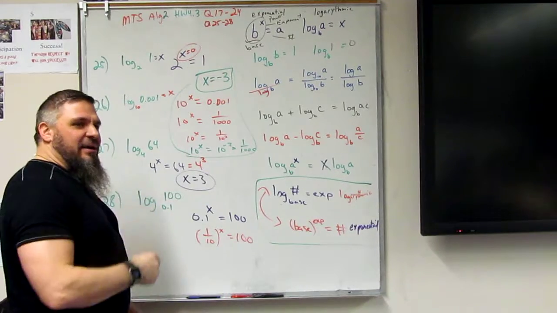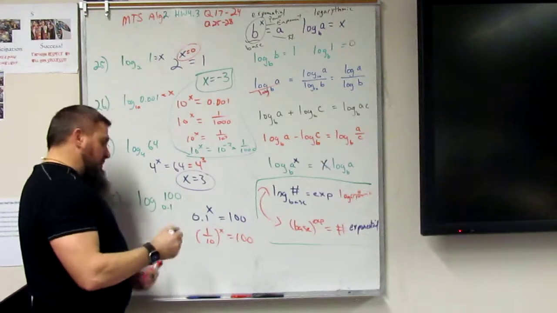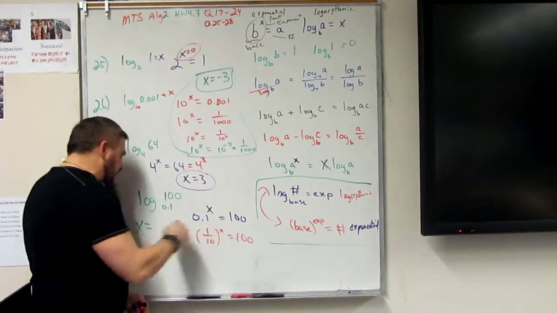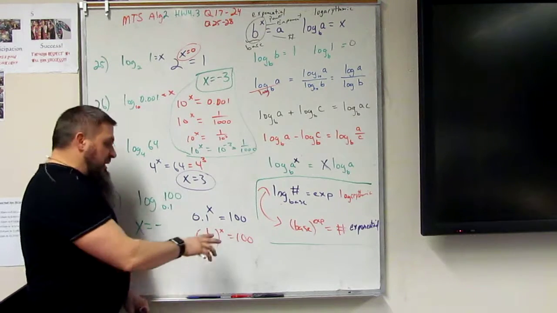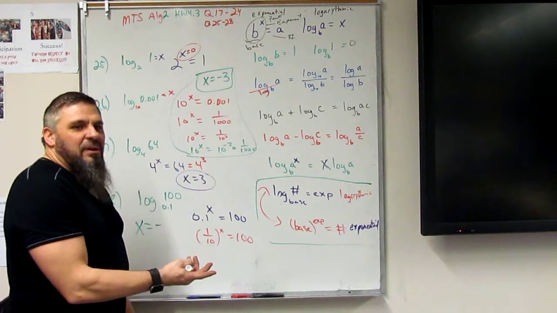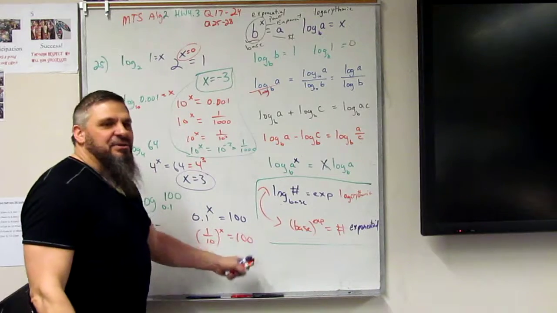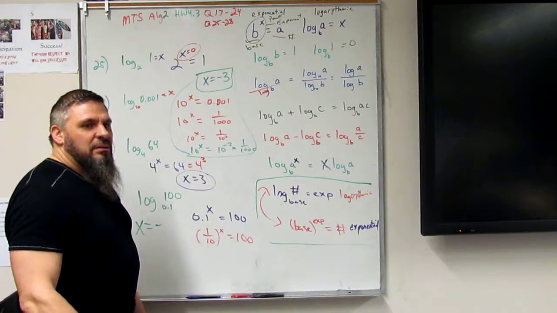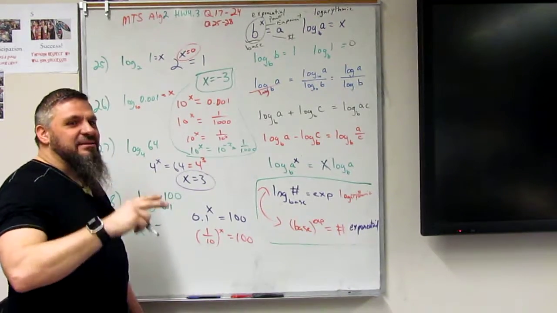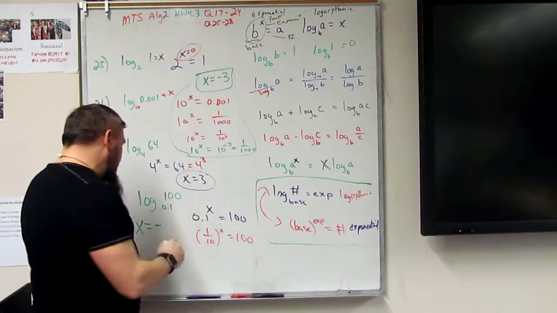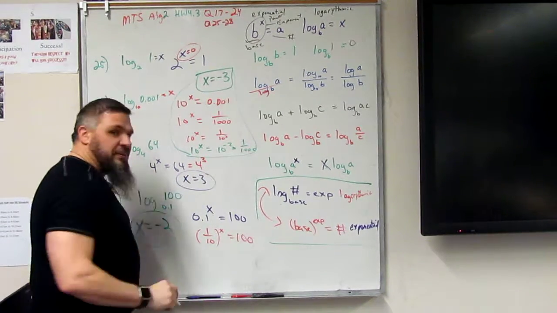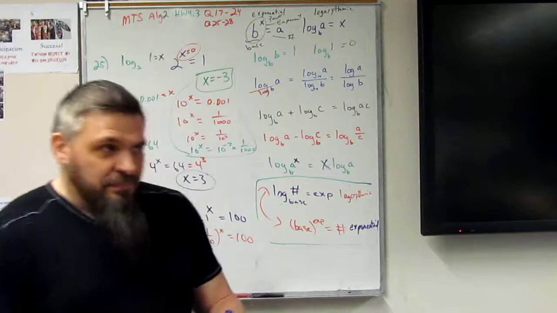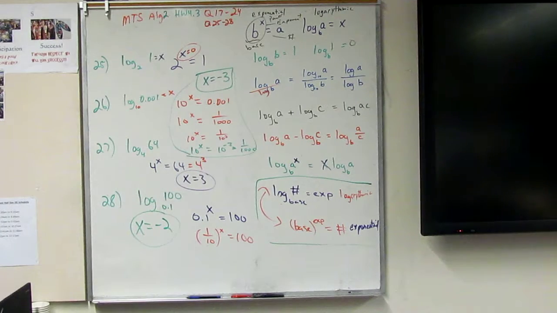How do I flip that? X has to be negative, right? And then that would put the 10 on top. But how many 10s do I need to make 100? Two 10s, not ten 10s. Two 10s. So it's -2. Okay? How are we doing?